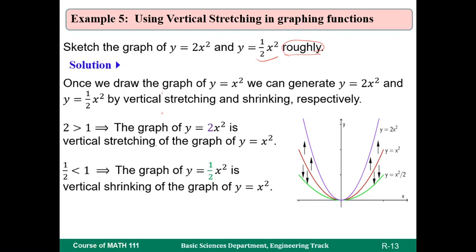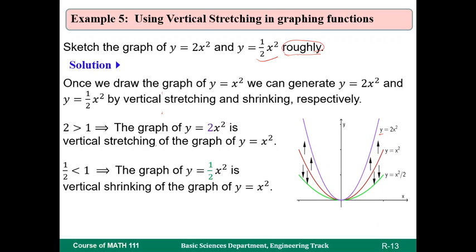As you see, y is doubled here. X is the same, but the 2 makes the y doubled. For the same x value, this is what we get, x squared, and this makes half of it. So this distance and this distance are the same. This is doubled, and this is halved. You see here.